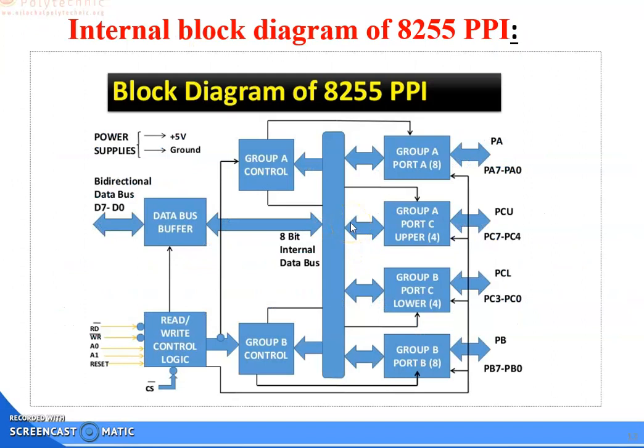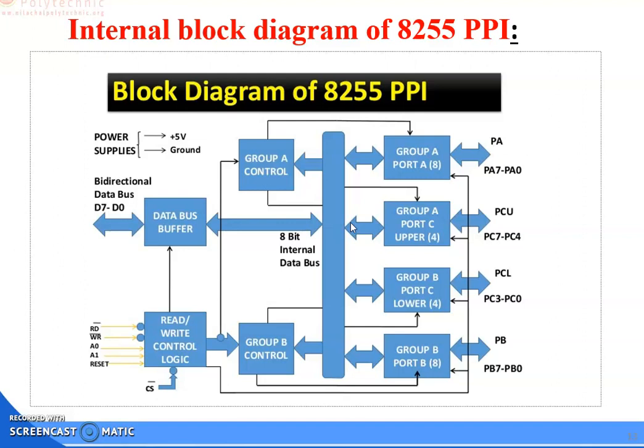This is the block diagram of the 8255 PPI. The block diagram consists of two group controls: one is group A control and the second one is group B control. One data bus buffer is used. The data bus is bidirectional. Here the data is transferred in both directions, that is from input output devices to the microprocessor.